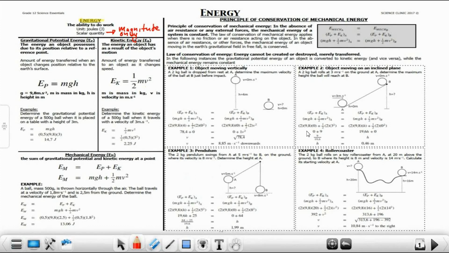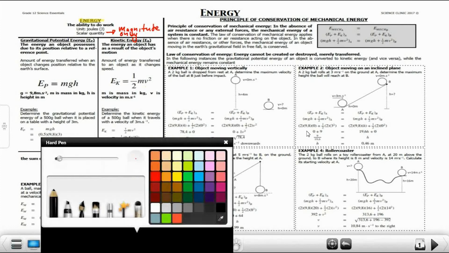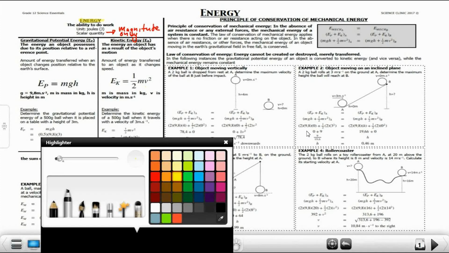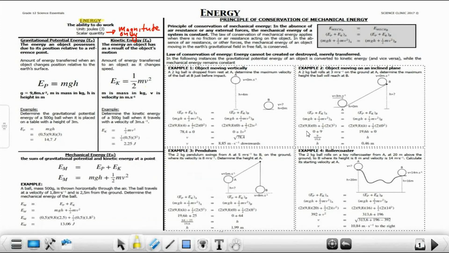So with that being said, we now have two different types of energies. The first one is what we call gravitational potential energy. The second one is what we call kinetic energy. But what is the difference between the two?